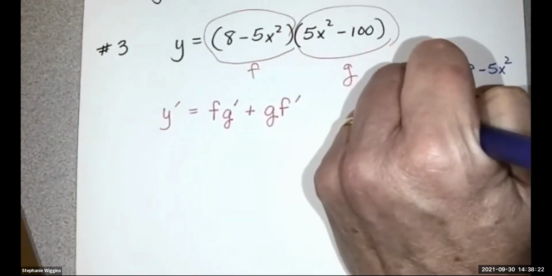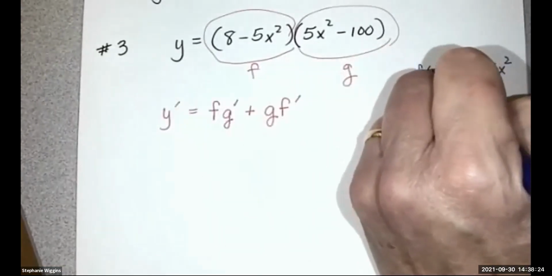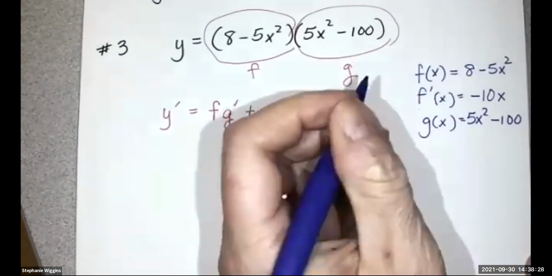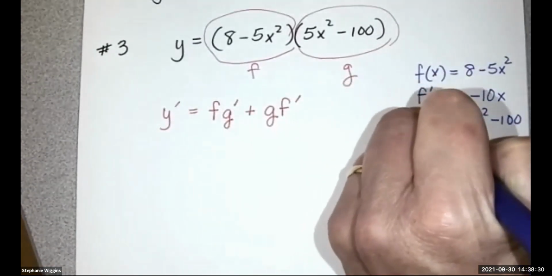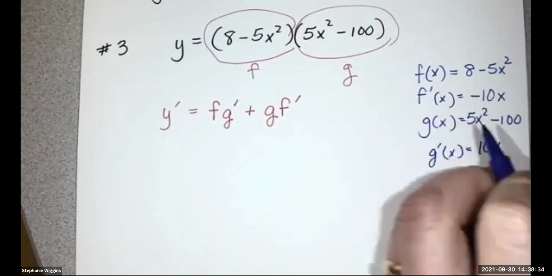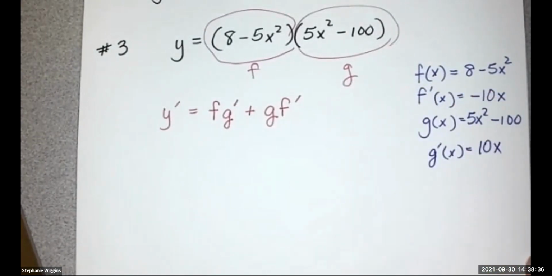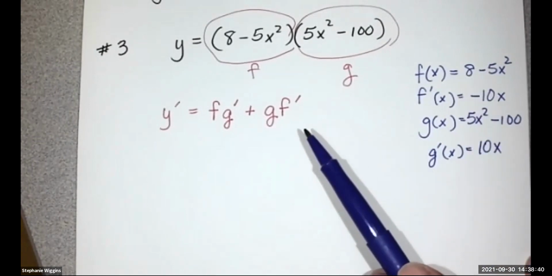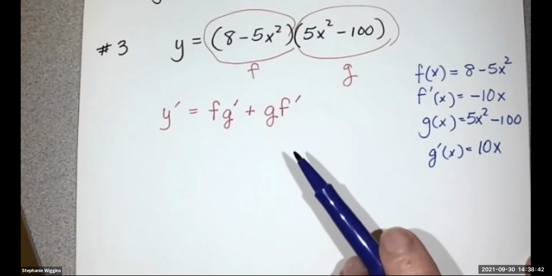And then your g of x is your second function, which is 5x squared minus 100. And the derivative g prime of x is going to be 2 times 5, that's 10, and you subtract 1 from the exponent, so you get 10x. Now I have all four of my functions here. I'm going to plug them into this formula.